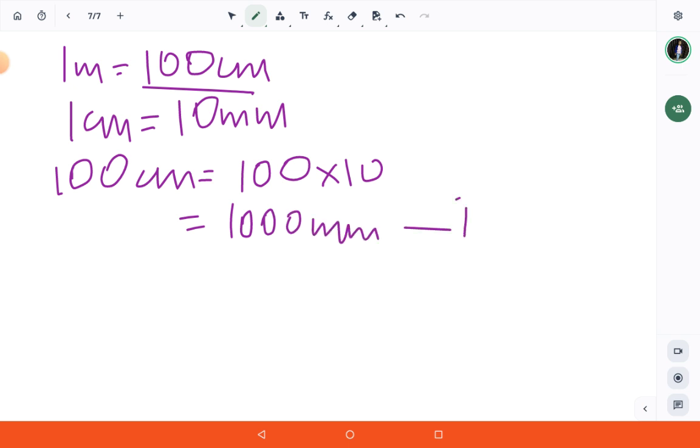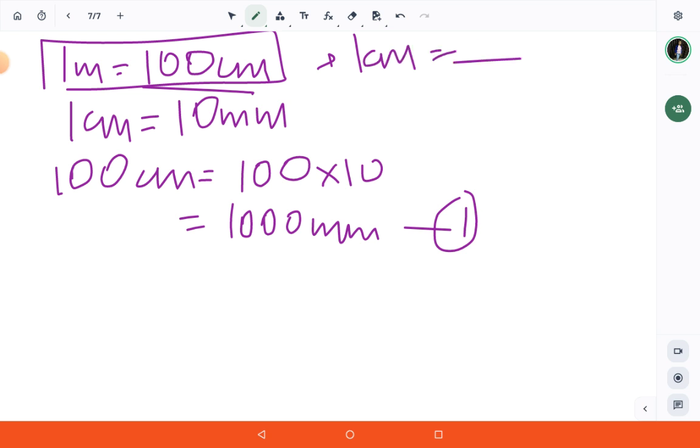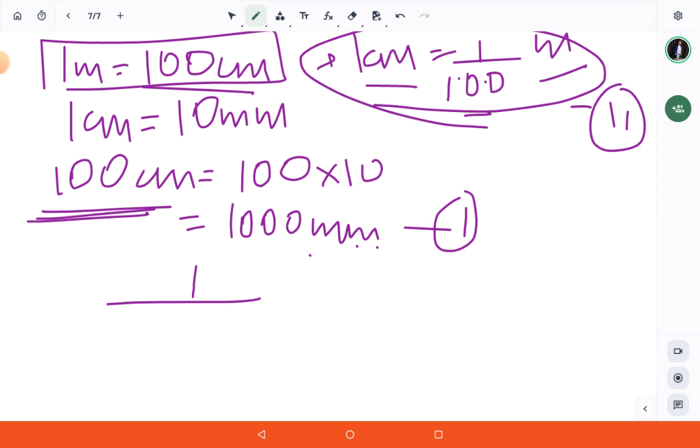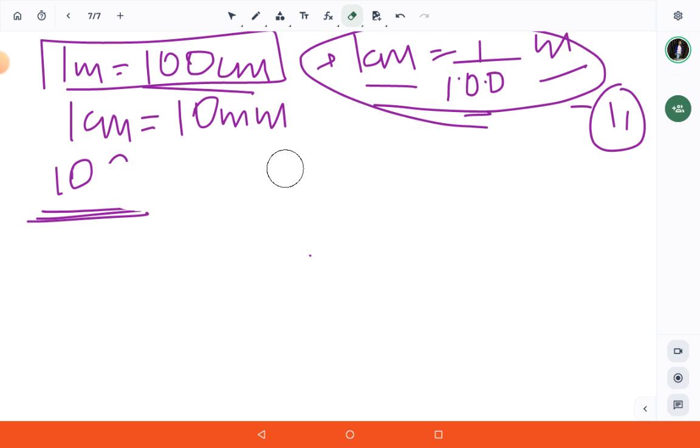Now this is one relation I established. Second relation. Now we know 1 meter is 100 centimeter. So 1 centimeter will be 1 by 100 meter. So now this is one relation, this is the second relation. Now comparing these two, 1 centimeter is 1 by 100 meter. So 100 centimeter will be 1 by 100 into... Wait, just a minute please.